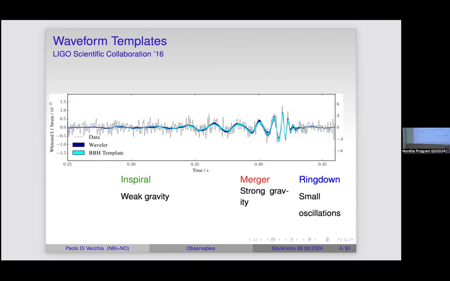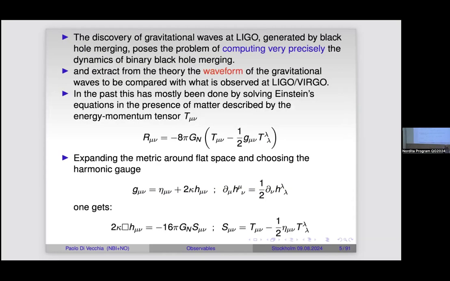And that means that we have to develop the theory in such a way that we can compute various observables more precisely, in such a way that we can compare with what we get from the experiment. Essentially, we have to do this calculation and extract from the theory the waveform of the gravitational wave to be compared with what you observe in the experiment.